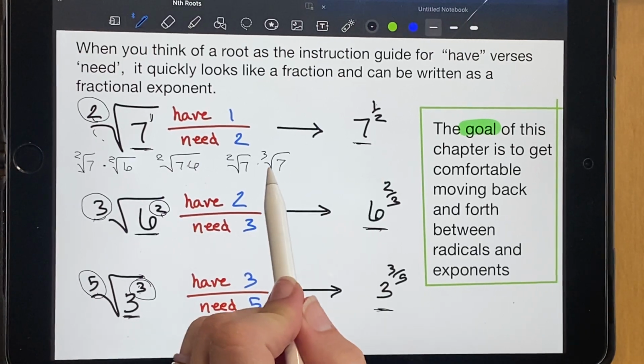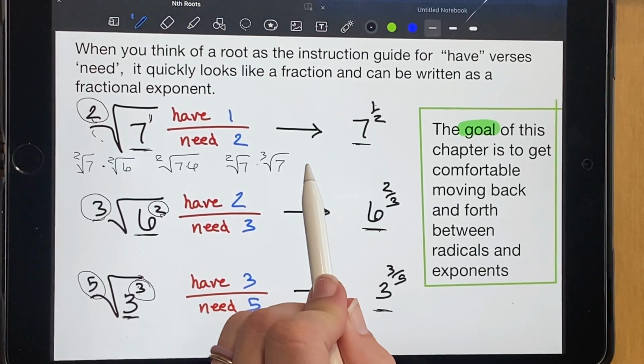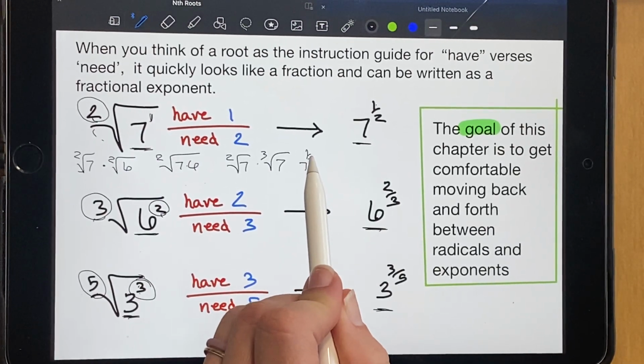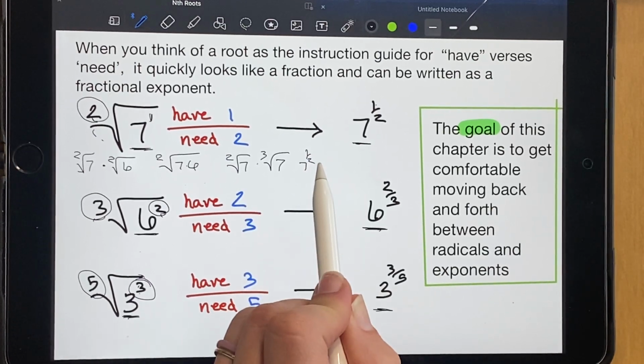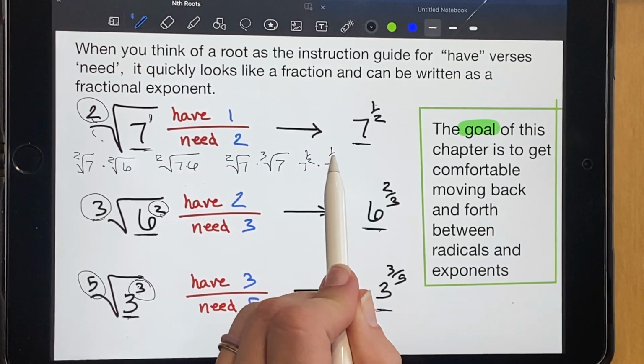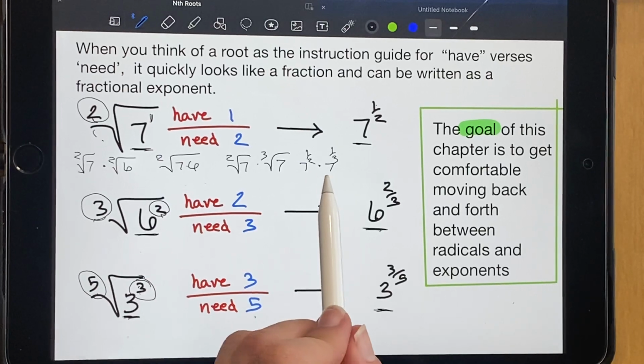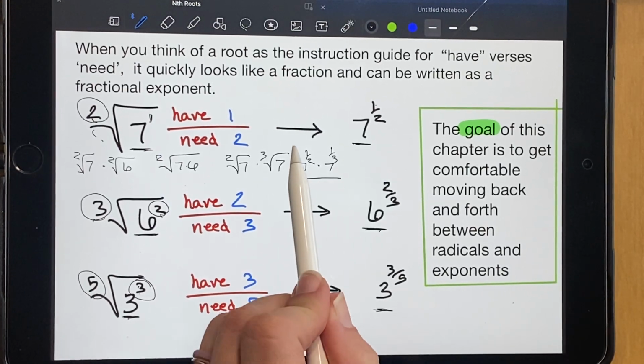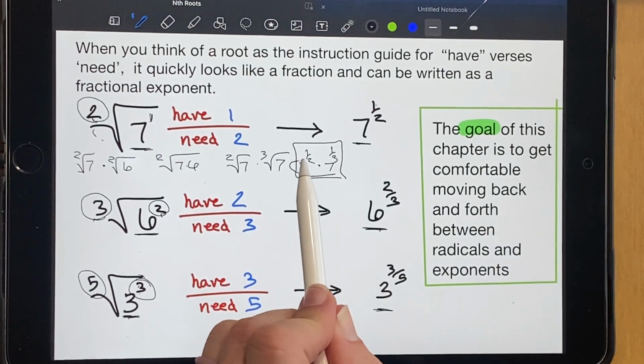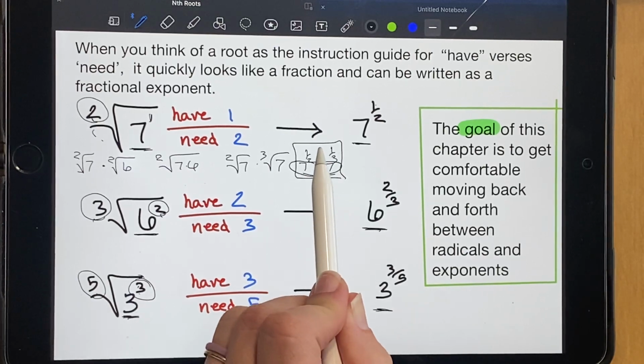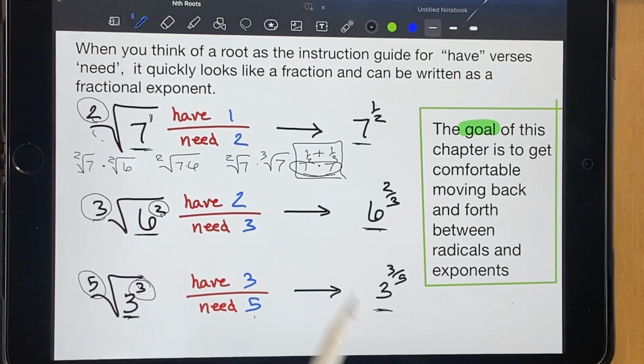But in this case, if I rewrote them as fractional exponents, 7 to the 1/2 for this first one, times 7 to the 1/3, I have exponent rules that tell me when my base is the same, I can add my exponents.